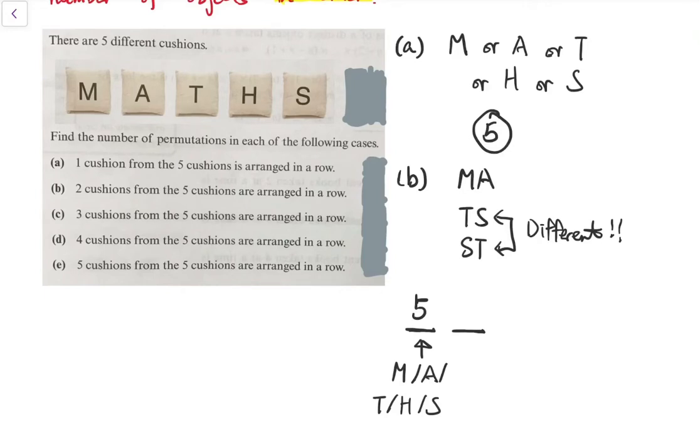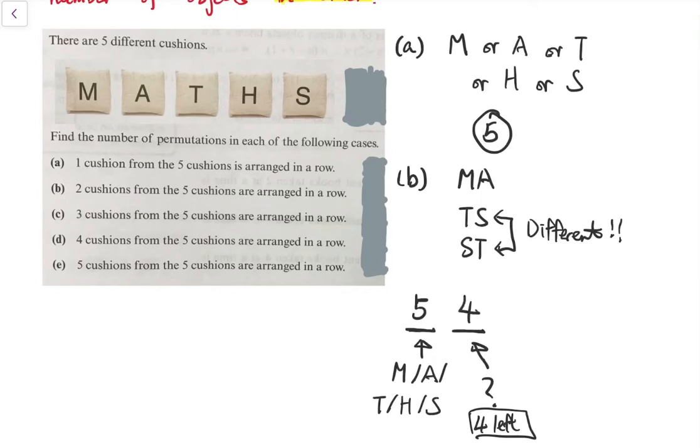Now, if you have chosen 1 for the first place, how many choices can you choose for the second place? After you pick the first one, you only have 4 left.